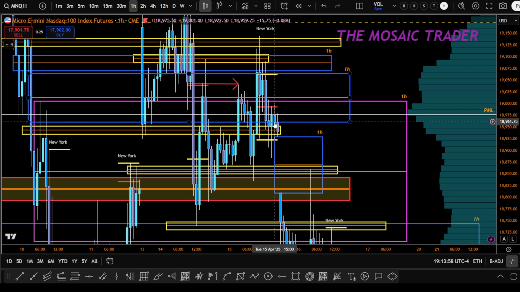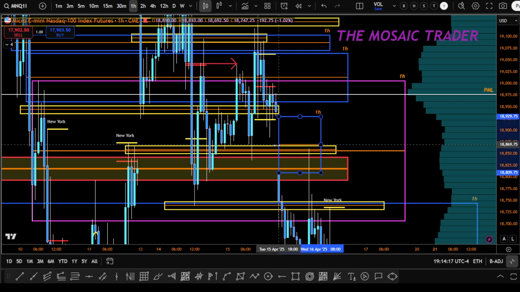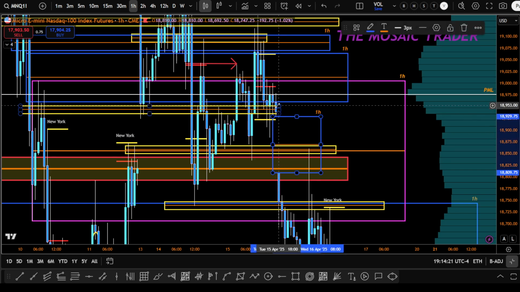Alright, so I'm back down here, and they ended right here, right? Just below this node, but right on top of this gap. Well, this is the gap that was formed by this candle.